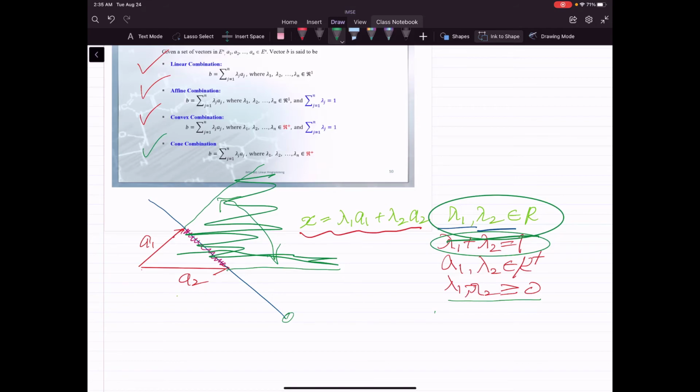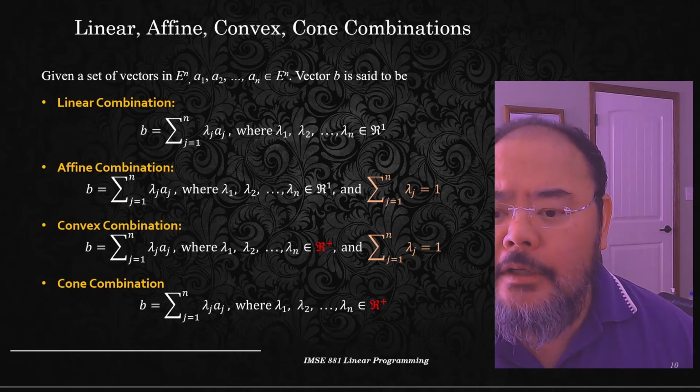By further restricting lambda 1 and lambda 2 to be non-negative, greater than or equal to 0, we create the so-called convex combination, which is the line segment between A1 and A2. If we drop the condition on lambda 1 plus lambda 2 but maintain that lambda has to be non-negative, then we create an entire cone section to infinity spanned by A1 and A2. So this is it, talking about how these relate graphically.